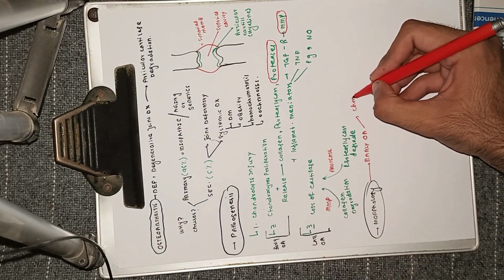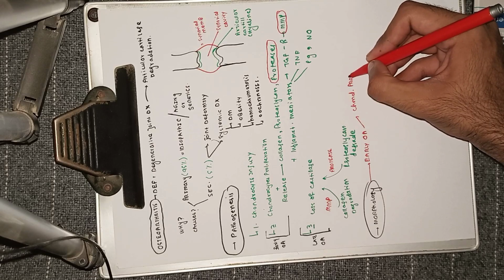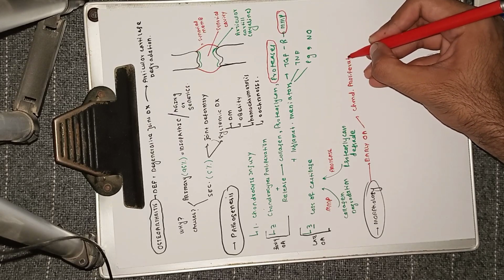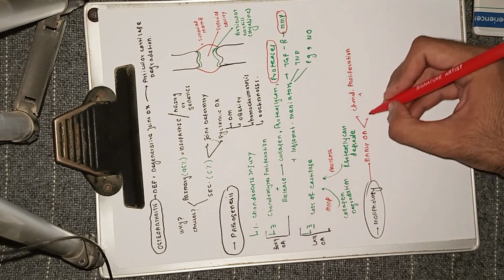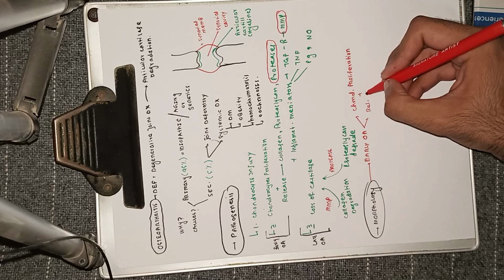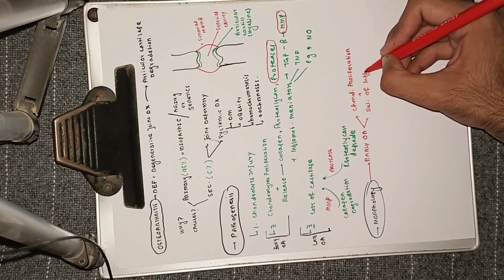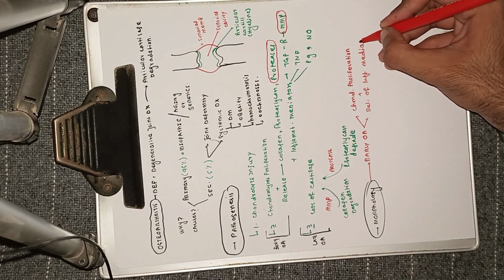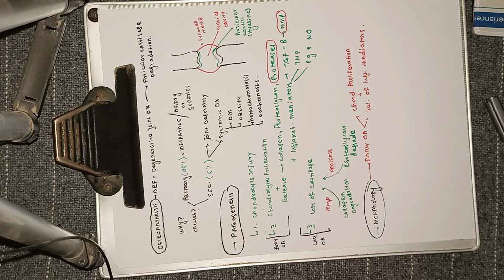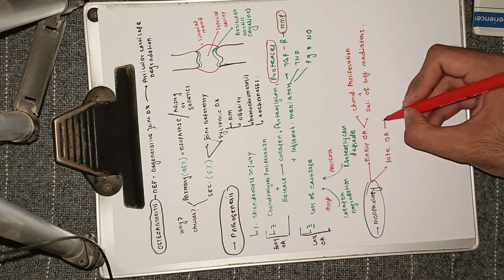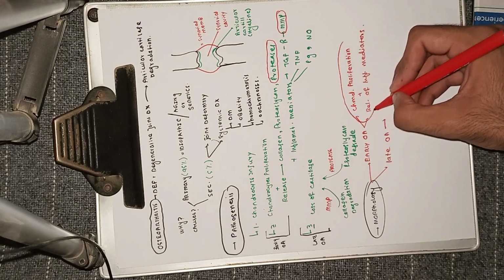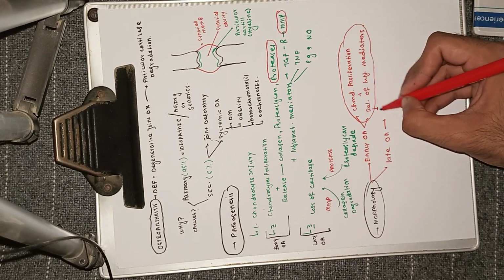There was chondrocyte proliferation. You agree? Okay, so in early osteoarthritis, there was chondrocyte proliferation and there was release of inflammatory mediators. So same thing is here. Okay, and then what will happen in case of late osteoarthritis? Because of these two things, what will happen? Loss of cartilage.